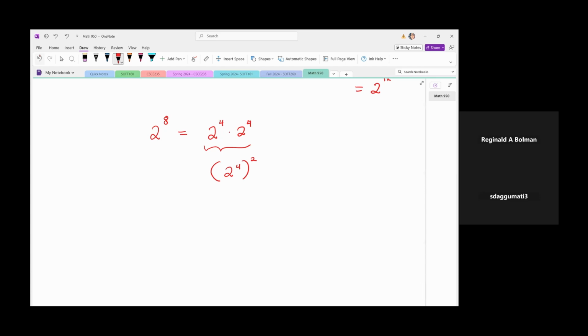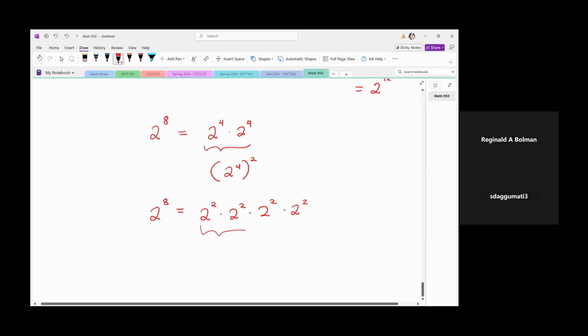Consider also that 2 to the eighth would be the same thing as 2 squared times 2 squared times 2 squared times 2 squared. 2 plus 2 gives you 4, plus 2 gives you 6, plus 2 gives you 8. So since all of these are the same base, you may add across the exponents, and you will indeed get 2 to the eighth power.